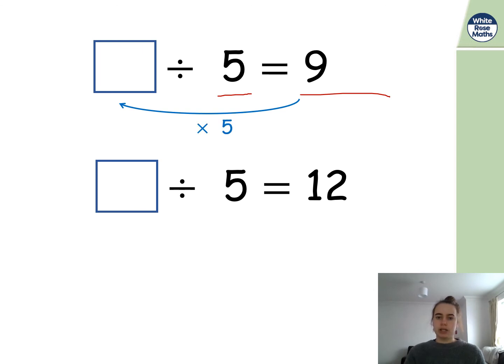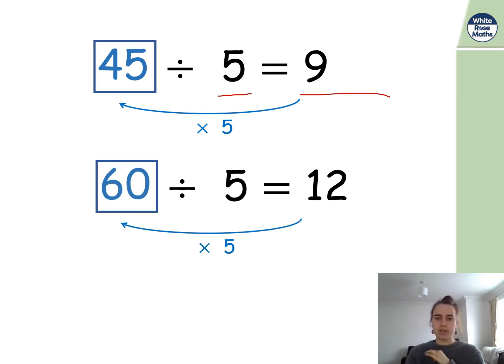So there we go. 9 multiplied by 5 gives us 45. So that also uses the same numbers. 45 divided by 5 equals 9. So same with that bottom one now. Have a go. 5 multiplied by 12. That's going to give us our whole answer. We know that 10 times 5 is 50, so add another 2 lots of 5s. That gives us 60. Well done.